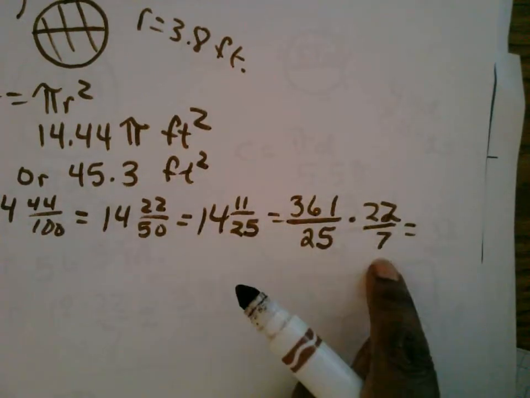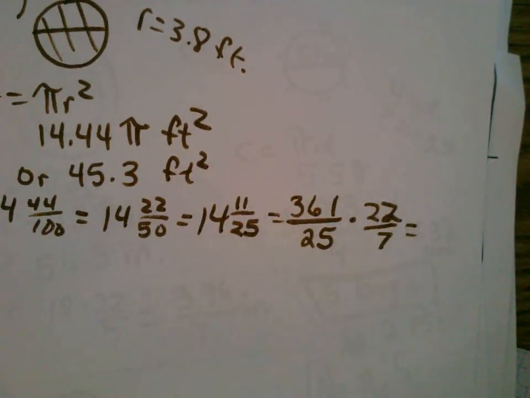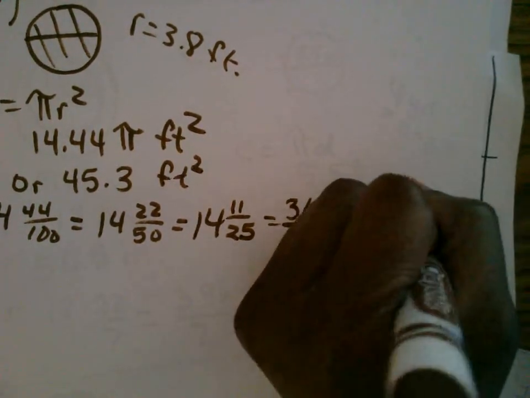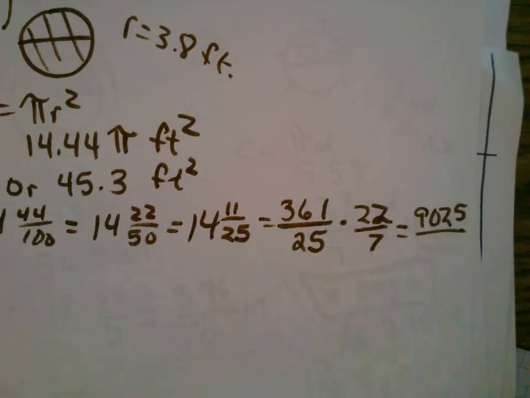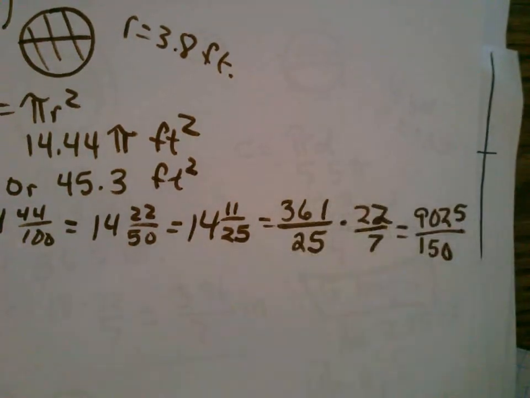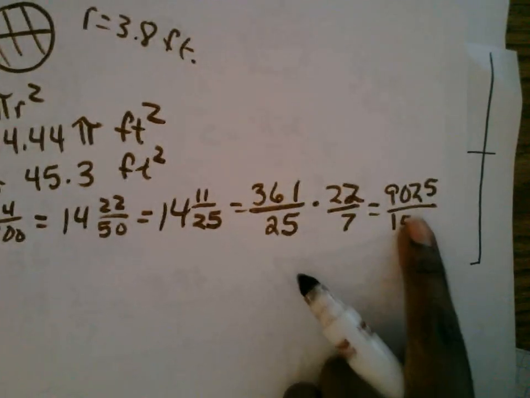To multiply fractions, you multiply straight across. 361 times 22 is 9,025 over 25 times 7, which is 150. If we continue, we can break this down.